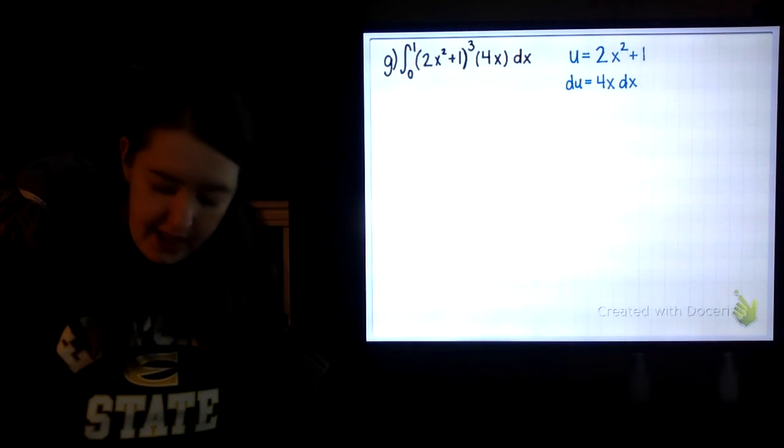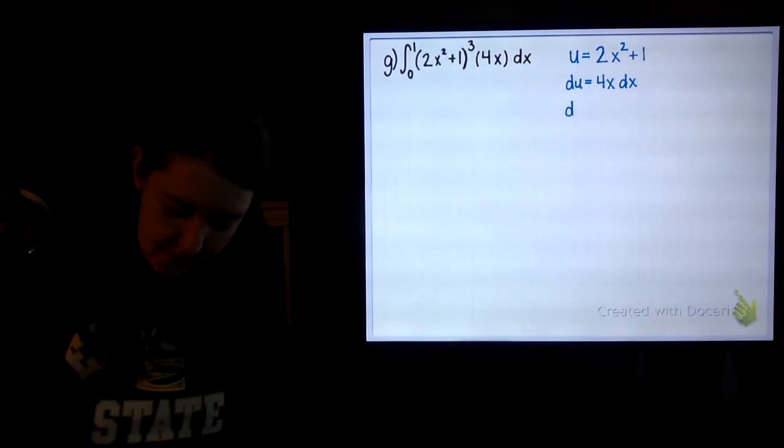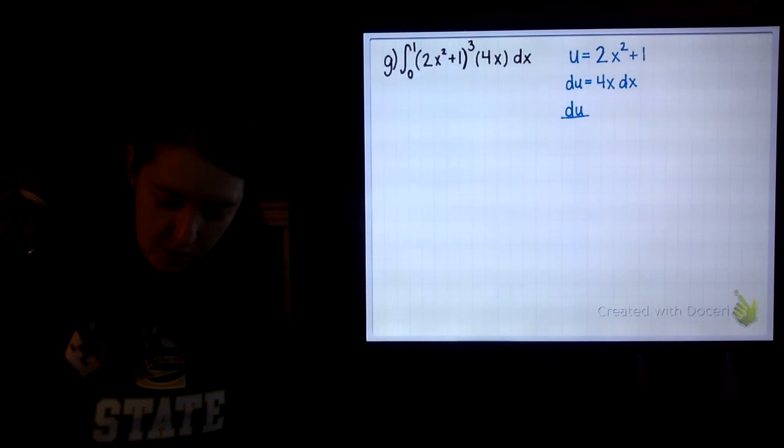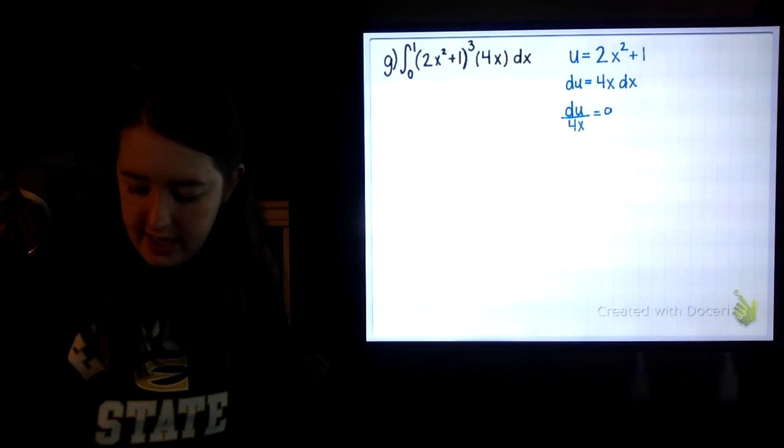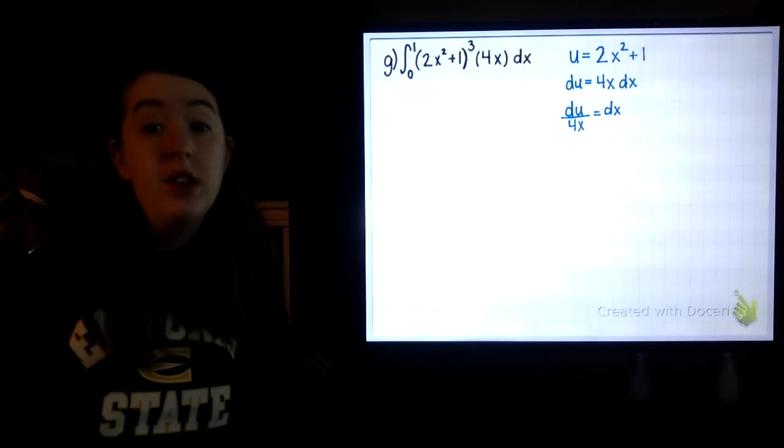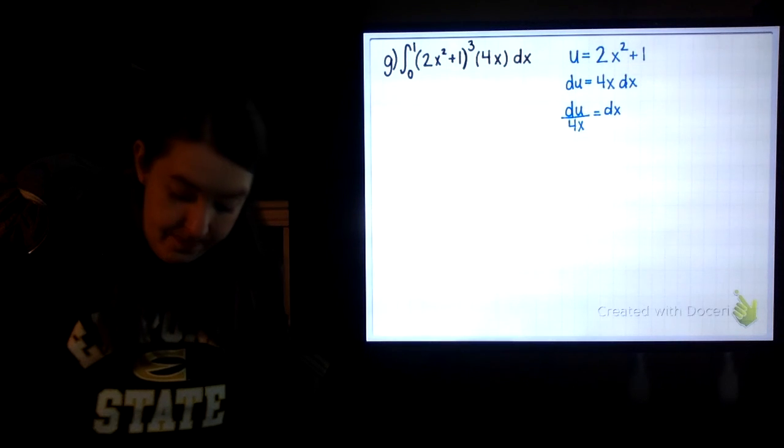And now we'll solve for dx. So we have du over 4x equals dx.